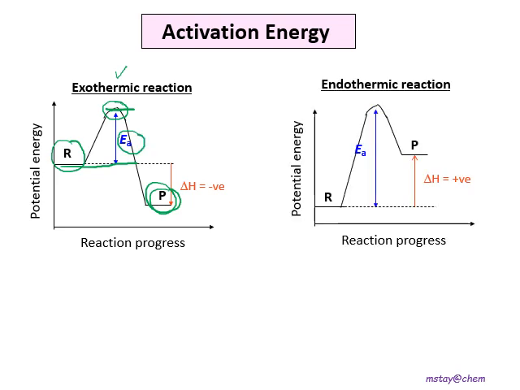For the other one, which shows the endothermic process, it is similar to the exothermic reaction. If we want to determine the activation energy, it always involves the reactants up to the top of the energy profile diagram. So from here up to here represents the activation energy for this endothermic reaction.